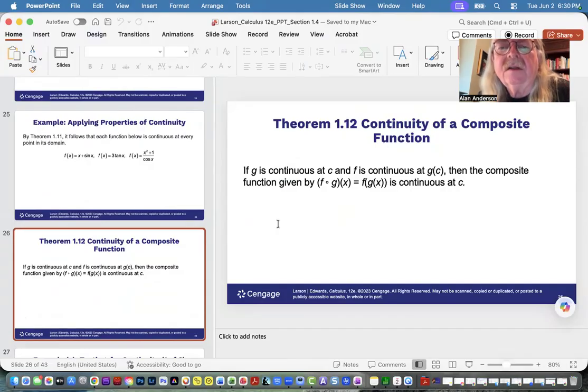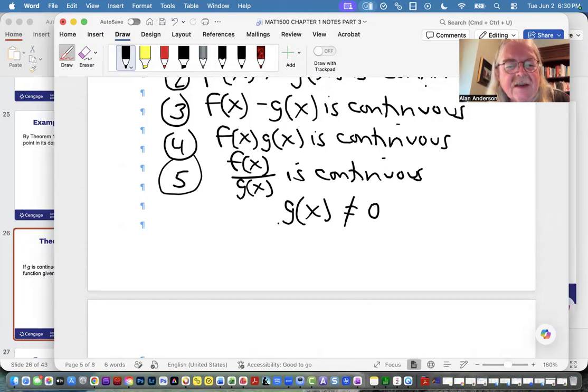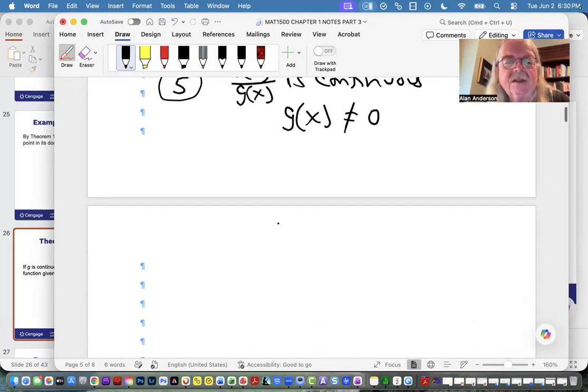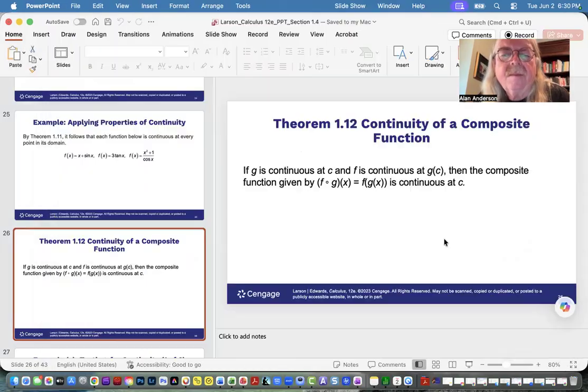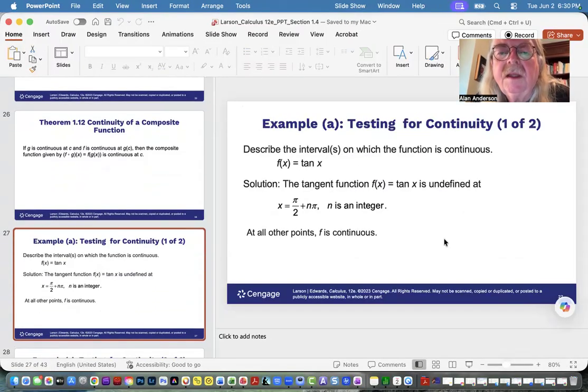Oh, and here's another one. The composite function is continuous too. They saved that one for last, I guess.